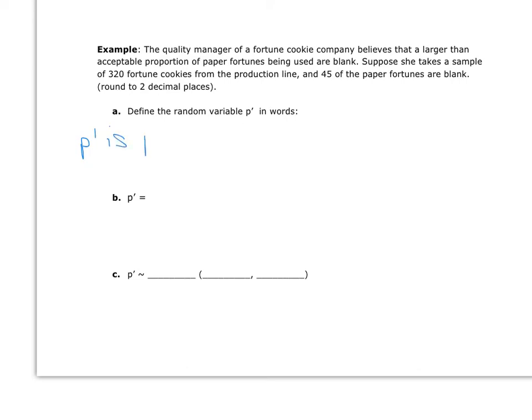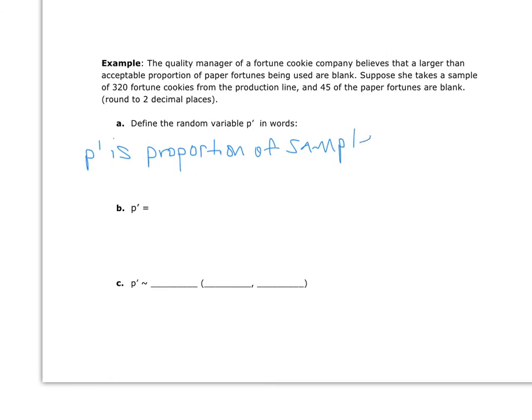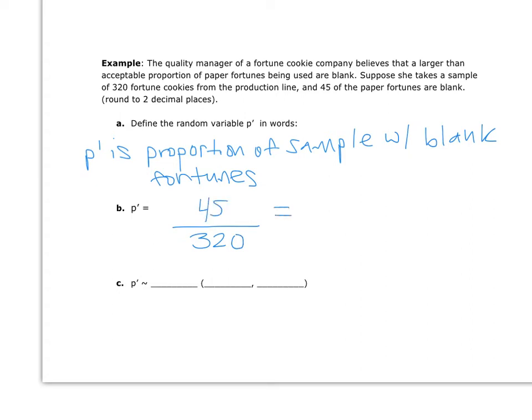It is the proportion or percentage of the sample with blank fortunes. And if we want to calculate it, we're going to take our total sample, 320, in the denominator, and put the number that are blank, 45, in the numerator. And that gives us a P prime of 0.14.